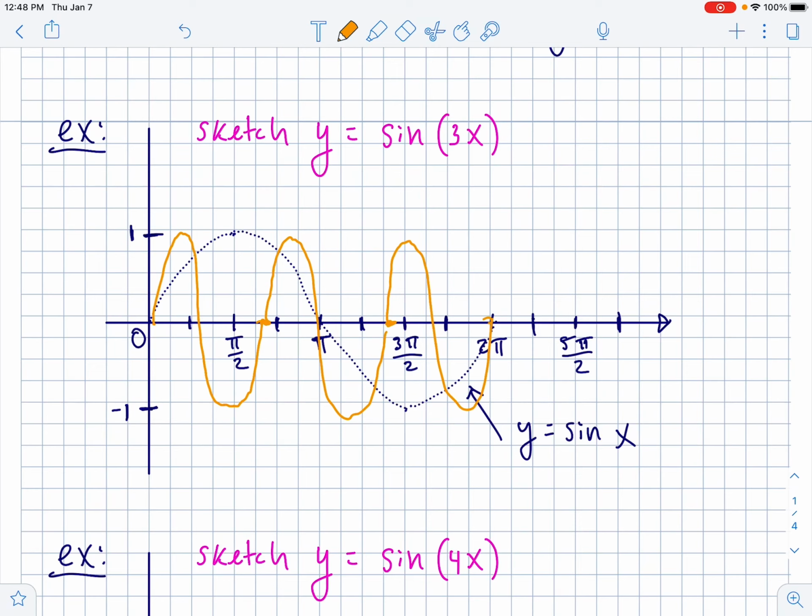Those are not exact, but do you see how there are 3 full sinusoids? There's 1, 2, 3.